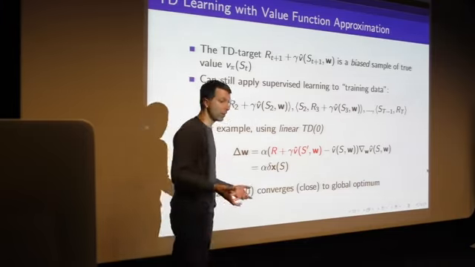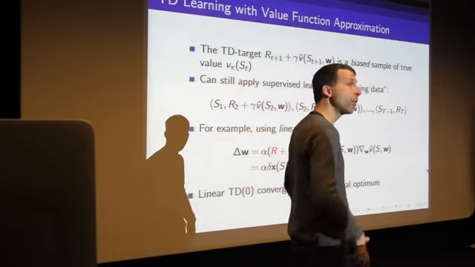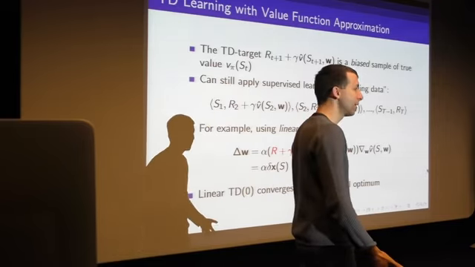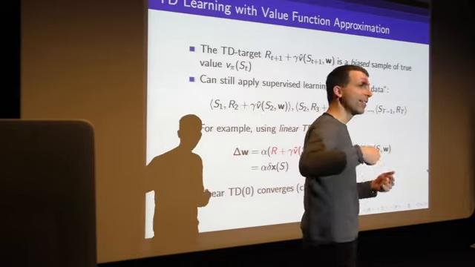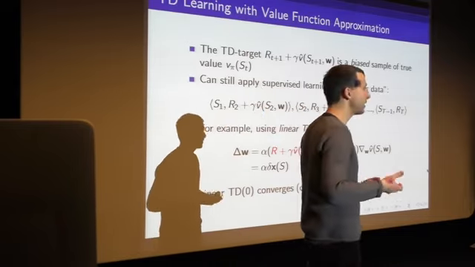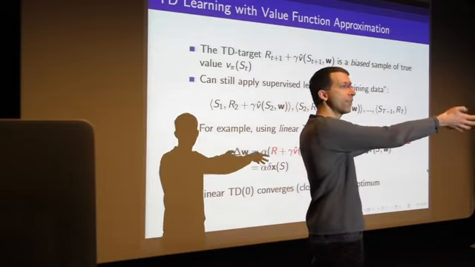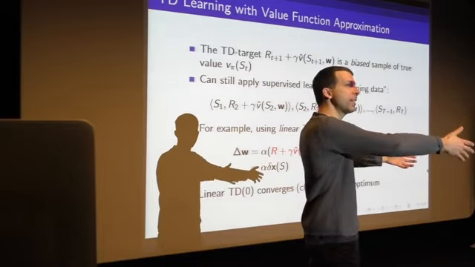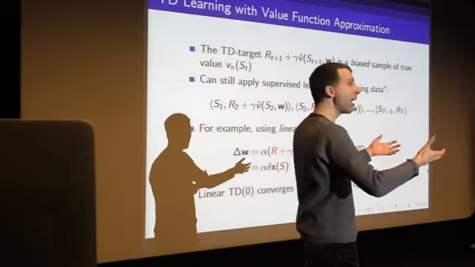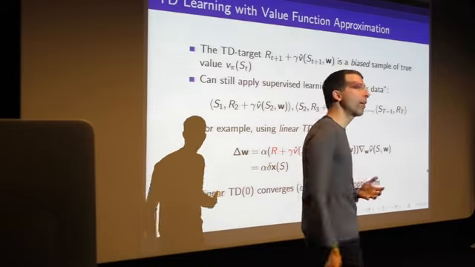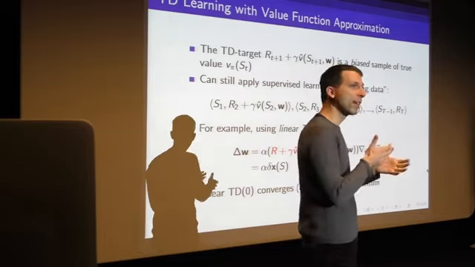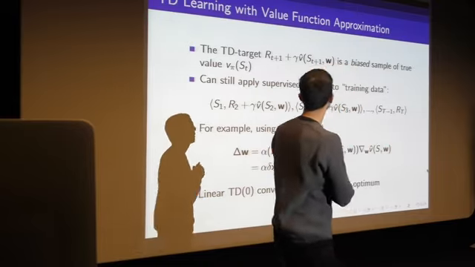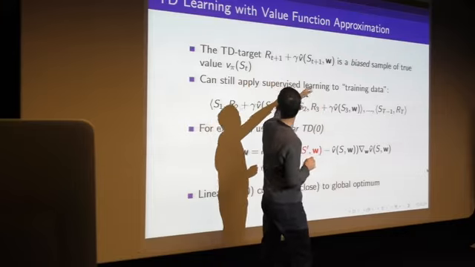After one step, I get the reward R_{t+1}, and then I have to query my own function approximator to estimate how much reward I'm going to get for the rest of the trajectory. That's how we get the TD target. This is biased because we're having to go through our own neural network or our own linear function approximation to figure out what these values will be. And so this gives us a biased sample of the true value.